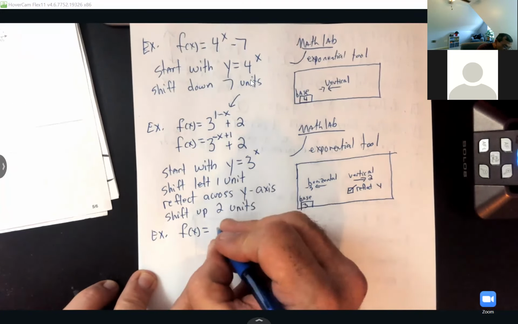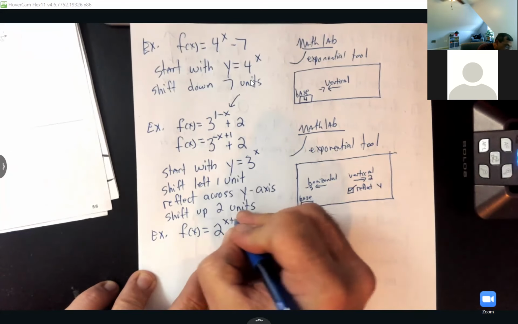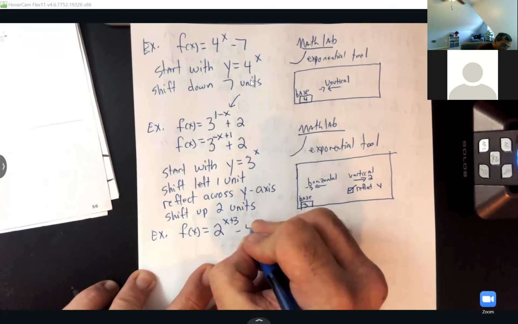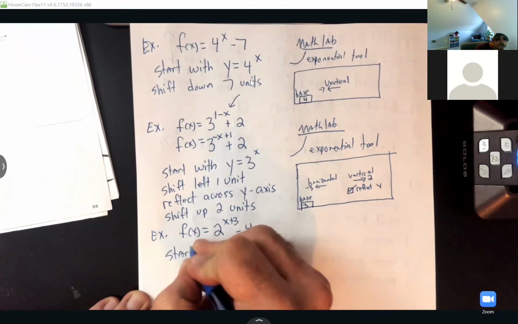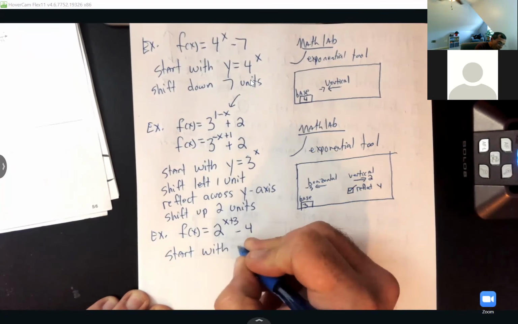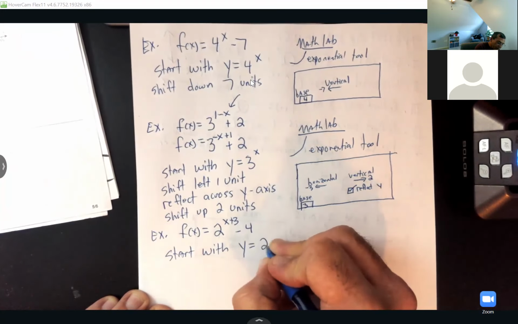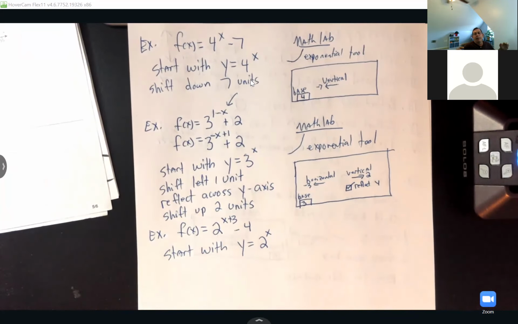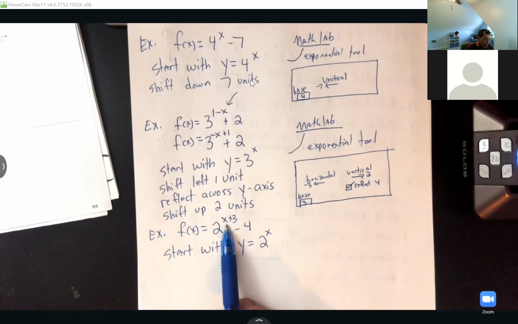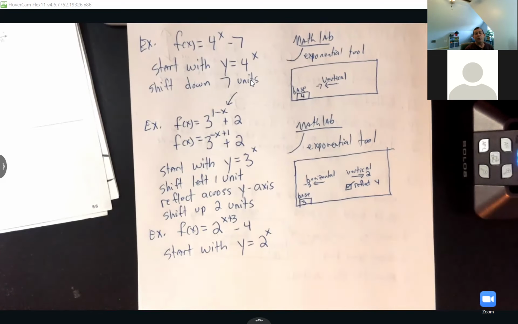F of x equals 2 to the x plus 3 minus 4. So start with y equals 2 to the x. So I'm going in order. So y'all tell me, what is the positive 3 doing to my graph? Since I'm attacking that exponent.